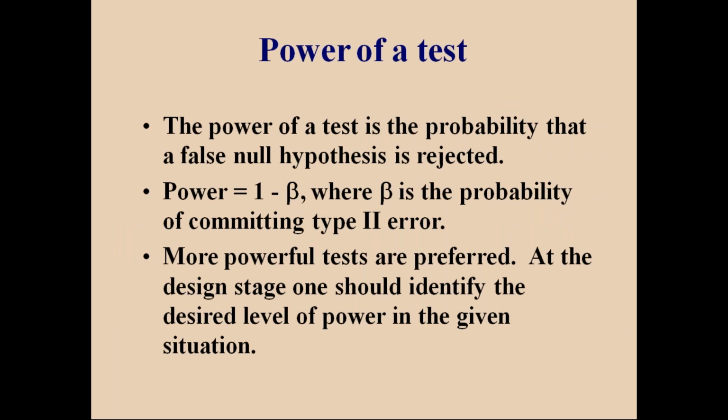What is the power of a test? The power of a test is the probability that a false null hypothesis is rejected. Power equals 1 minus beta, where beta is the probability of committing type 2 error.